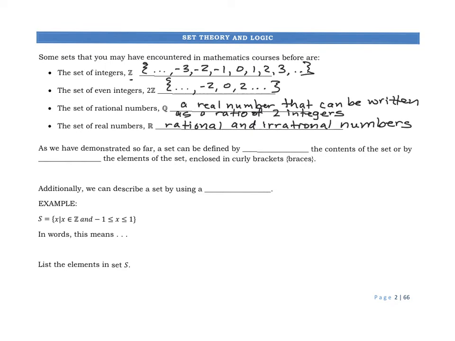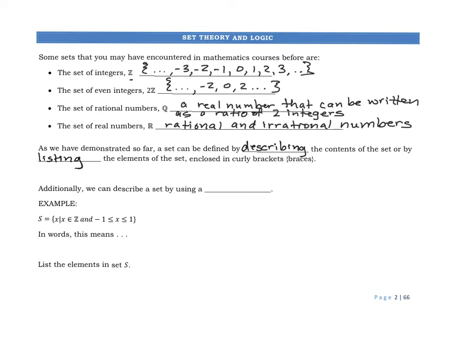Examples of that would be like square root of 2, the number pi. As we have demonstrated so far, a set can be defined by describing the contents of the set or by listing the elements of the set enclosed in curly brackets, which we call braces.